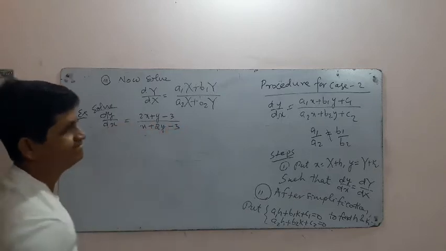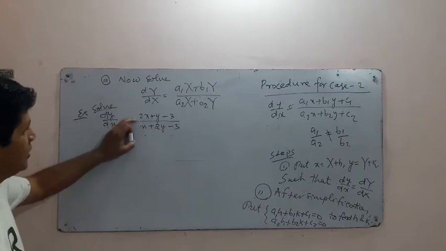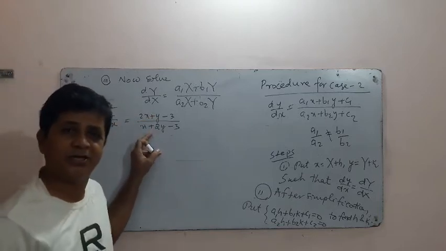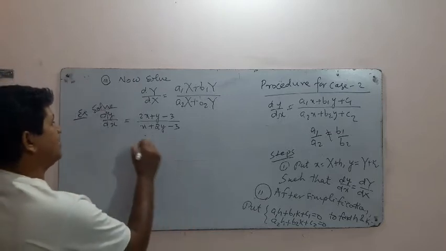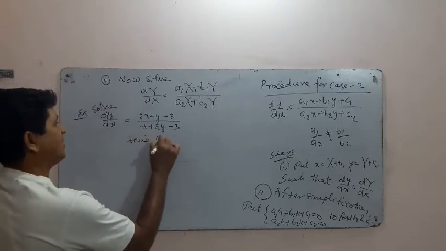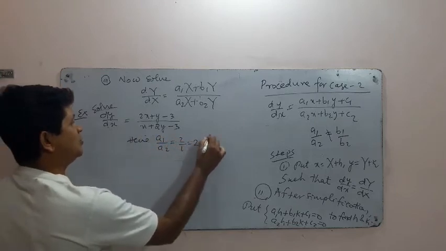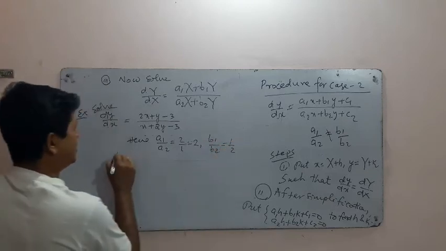minus 3. Look at a1 by a2 is 2 by 1, b1 by b2 is 1 by 2. Here a1 by a2 is equal to 2 by 1, which is 2, and b1 by b2 is equal to 1 by 2.